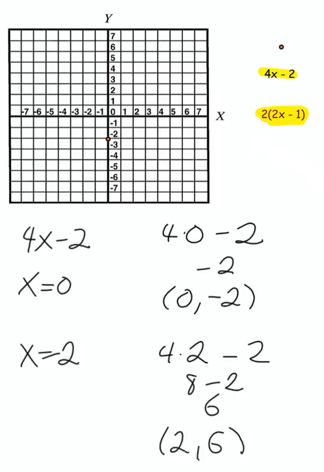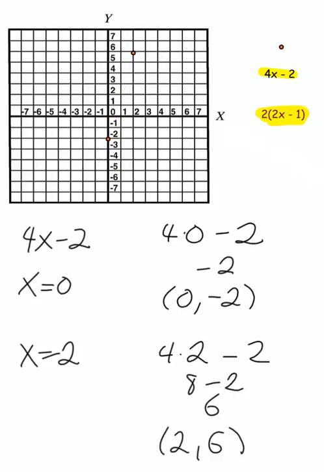6. So let's grab this, and we'll do a 2. We'll come up here to 6. I'm going to try my best to draw a nice straight line. I'm going to have to try again on that one.